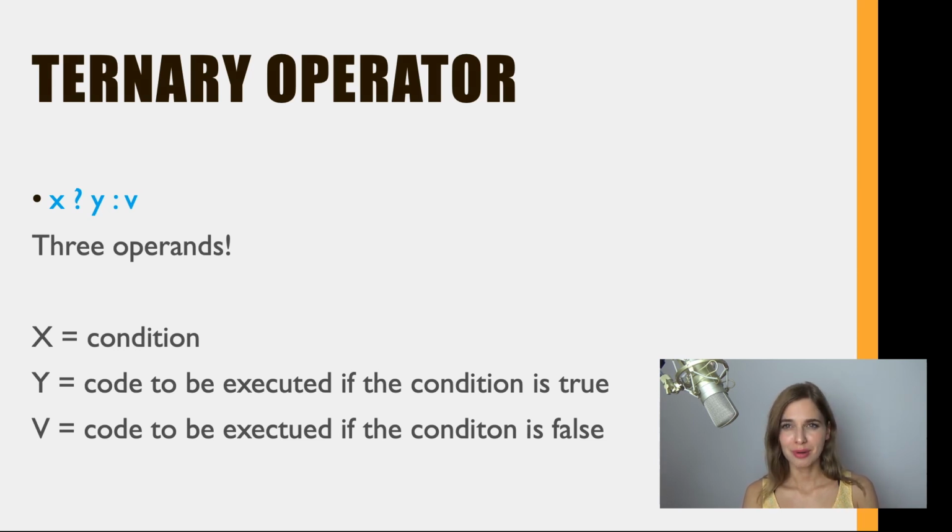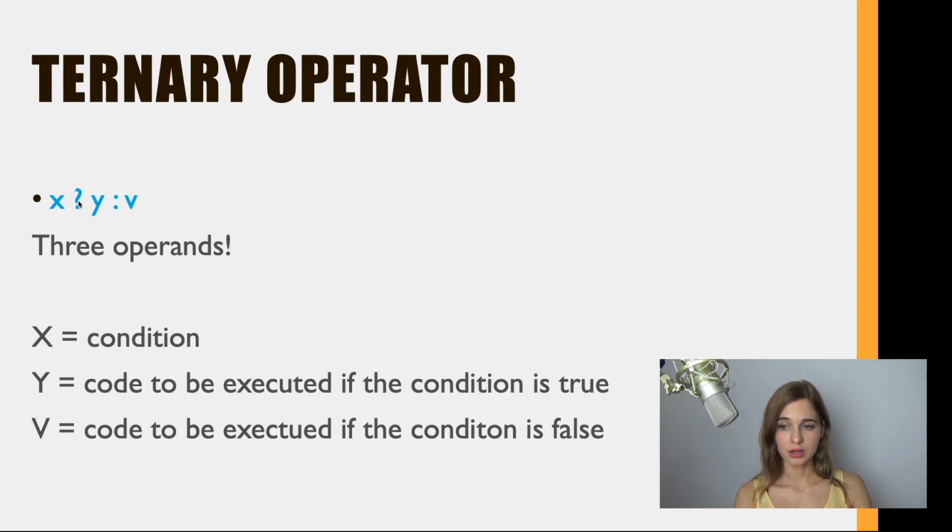If statements are not the only possible structure or pattern to use conditionals. We also have a ternary operator. It's kind of popular lately, especially because it's so short to use. We've got 3 operands, 3 arguments. First one, we have here an x, and in our case, it's a condition. It's always a condition.